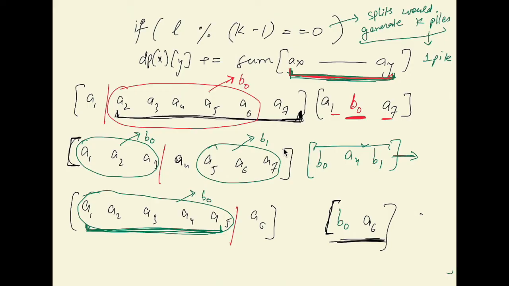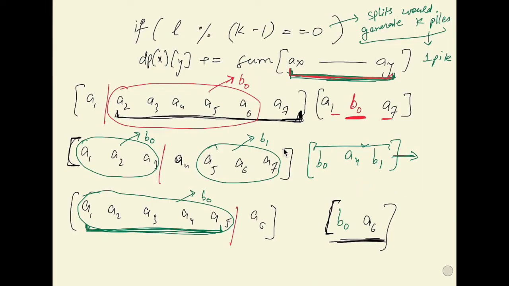We'd say that we are not merging b0 and a6 because we don't have a sufficient number of piles, we don't have 3 piles, and we'll keep it as it is, and dp of 1 to 6 would be simply b0 in that case. Could be b0 or the other possibility if we split at some other point, but I hope you are getting my point now.